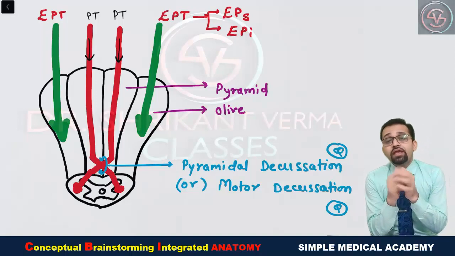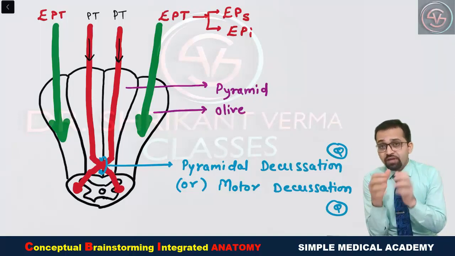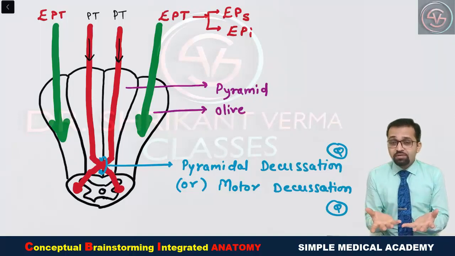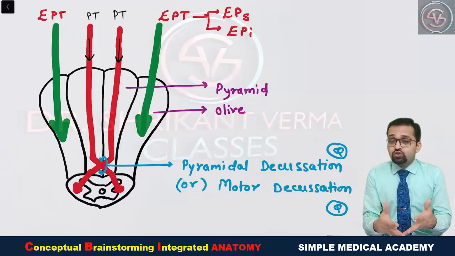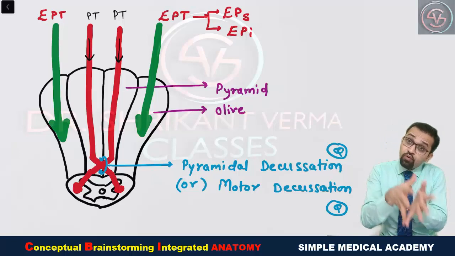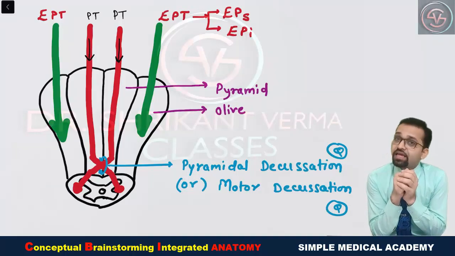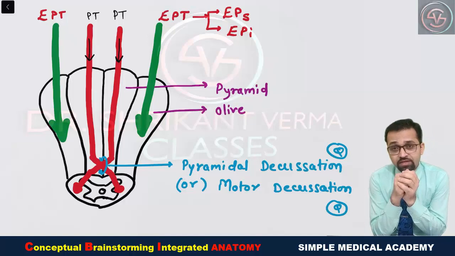What is the function of the pyramidal tract? It is responsible for motor activity. Any kind of voluntary movement in our body is done by the pyramidal tract, and it is supported by the extra pyramidal tract.